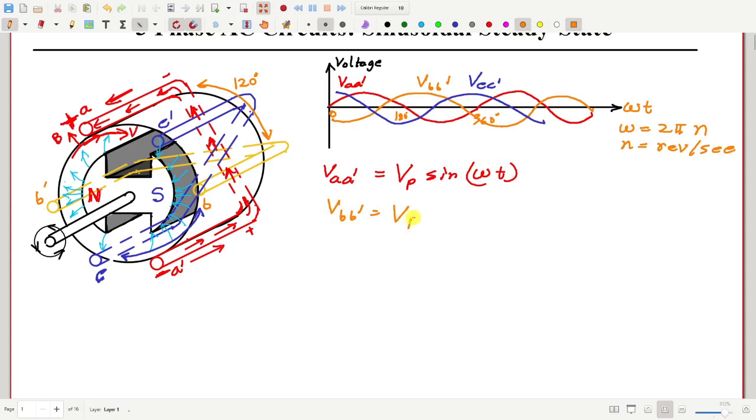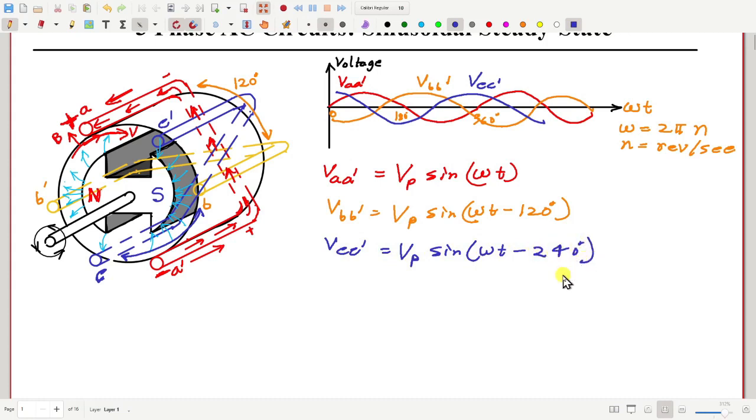That will be V_P sine of (omega t minus 120 degree), and similarly V_CC' will be V_P sine of (omega t minus 240 degree). Okay, same magnitude of voltages, all of them have same magnitude of voltage, but the phase angle is different.